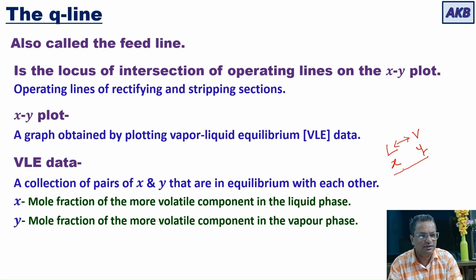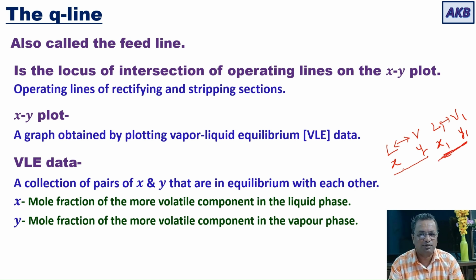When you have another equilibrium state, let us say where liquid L1 is in equilibrium with vapor V1, you'll have a particular concentration in the liquid phase, let it be x1, and a concentration in the vapor phase, let it be y1. This pair will also be equilibrium mole fractions.